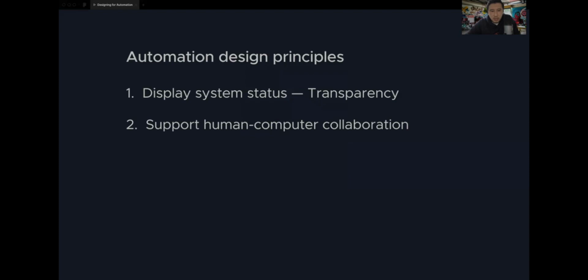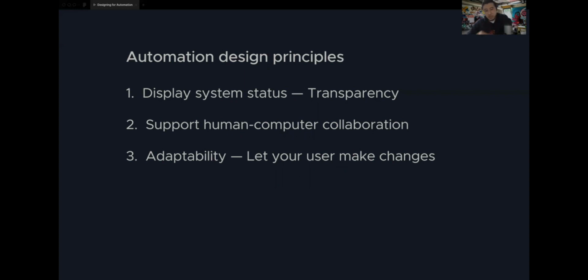And so the next and the last principle is adaptability, allowing for human intervention.